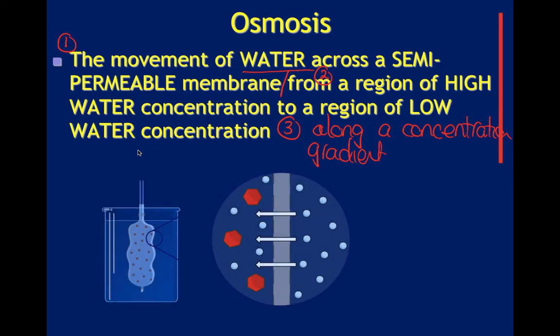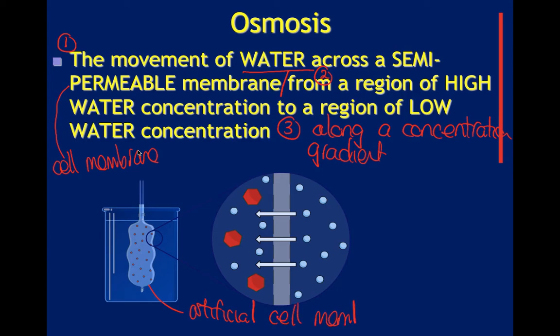Now you also have this picture here, and this is giving an example of an artificial semi-permeable membrane. So usually semi-permeable membrane is our cell membrane in biological systems, but you can also have artificial cell membranes. So this is an artificial cell membrane.